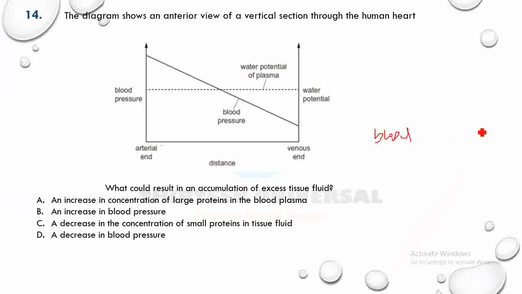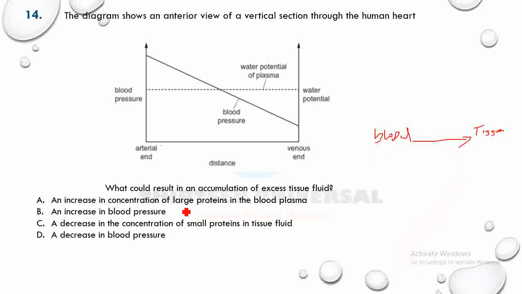If we have more tissue fluid, that means we have higher water potential in the blood, which is why more plasma is forced out. So to have higher water potential in the blood, you must have lower blood plasma protein.